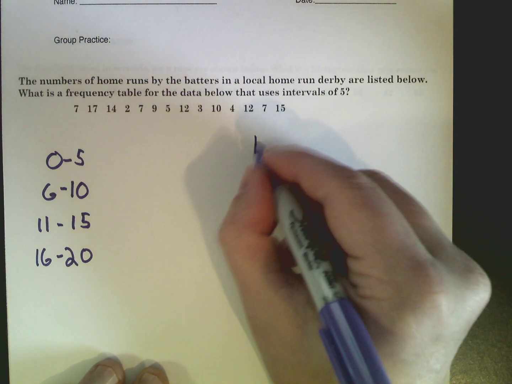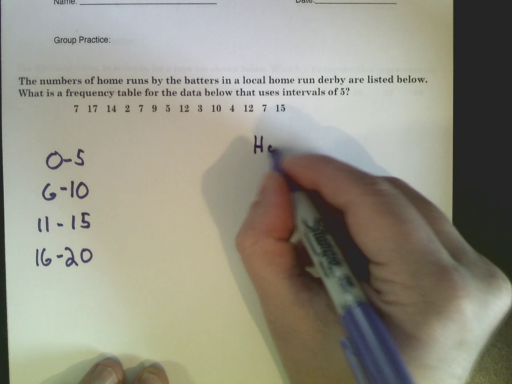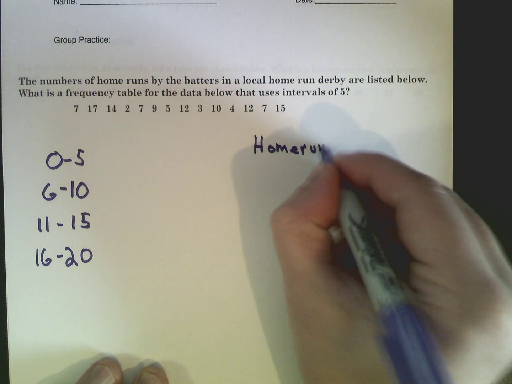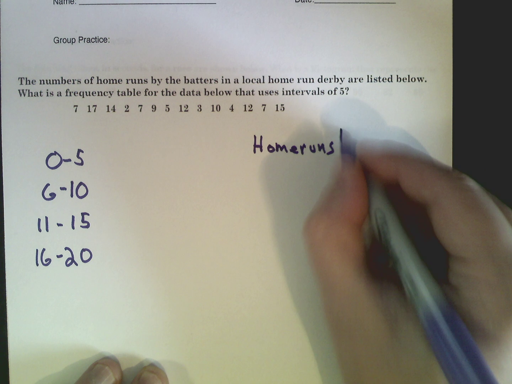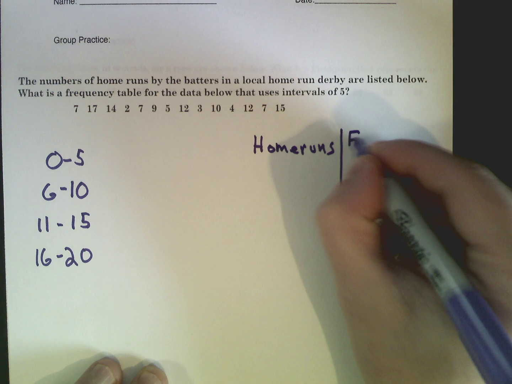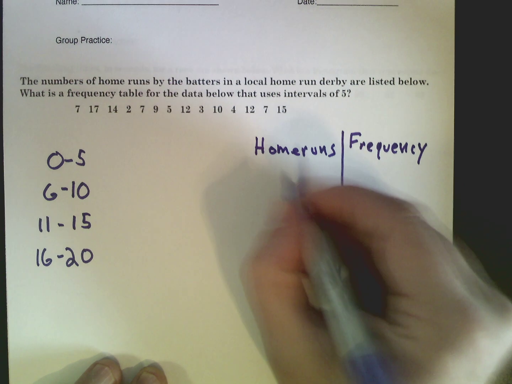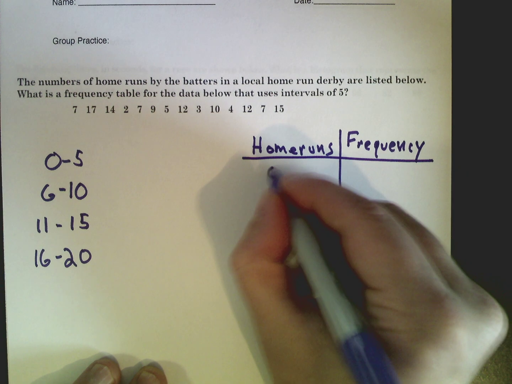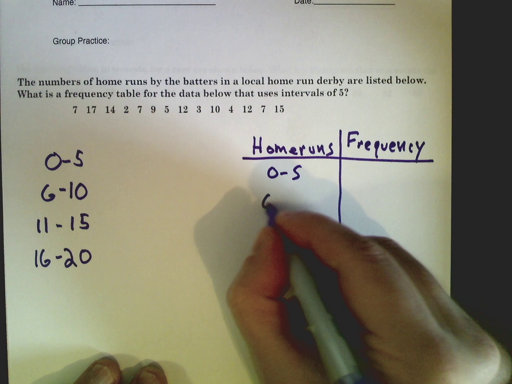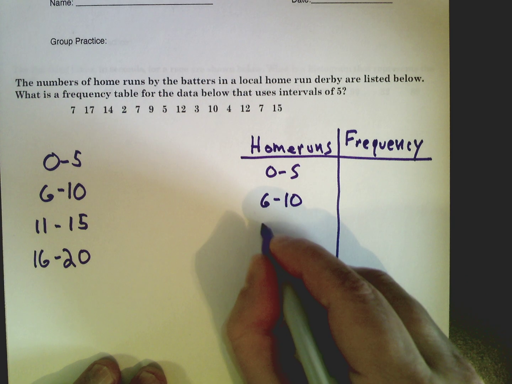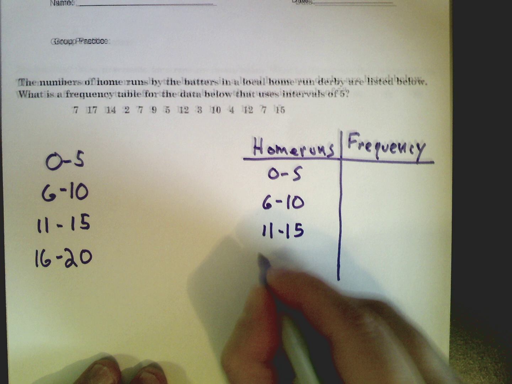So here I'm going to say home runs. And I'm going to say the frequency, which means how often it happens. Okay, so first will be 0 to 5, then 6 to 10, then 11 to 15, now 16 to 20.